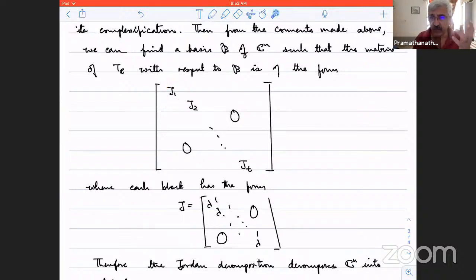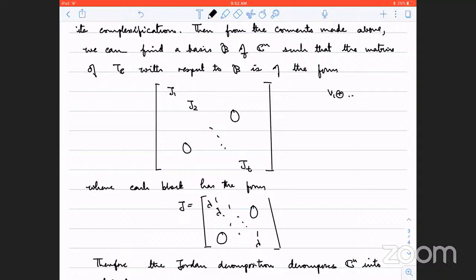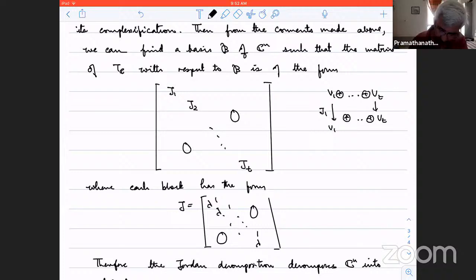You take the vector space spanned by those first 5 basis vectors, and J1 will keep that invariant and will be 0 on the other ones, and so on. Do you mean that these are invariant subspaces? Of course, these are invariant subspaces.